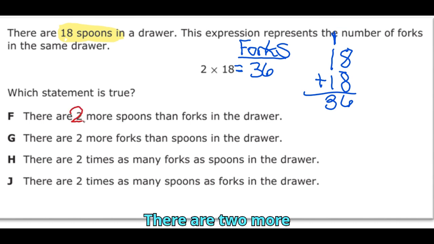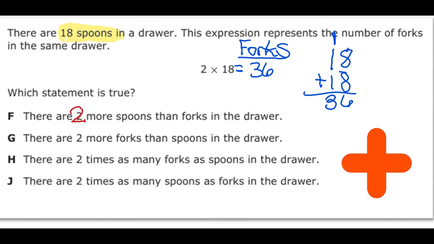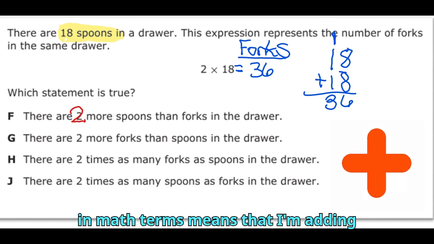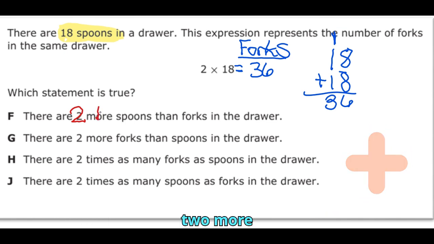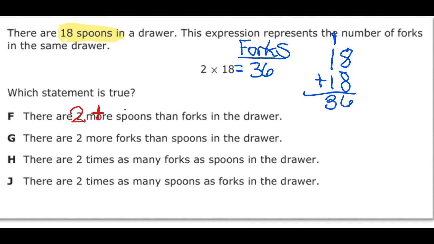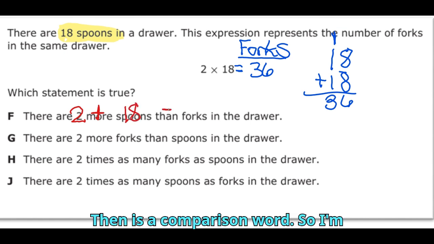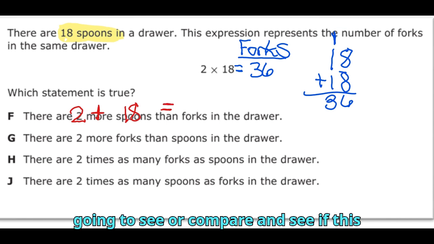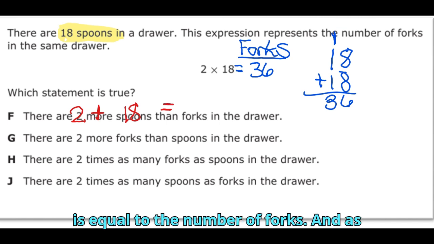There are 2 more, in math terms, means that I'm adding 2 more spoons. What number represents spoons? It's 18. Then is a comparison word. So I'm going to compare and see if this is equal to the number of forks.